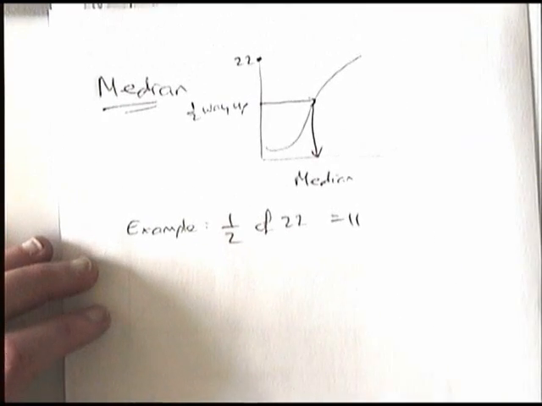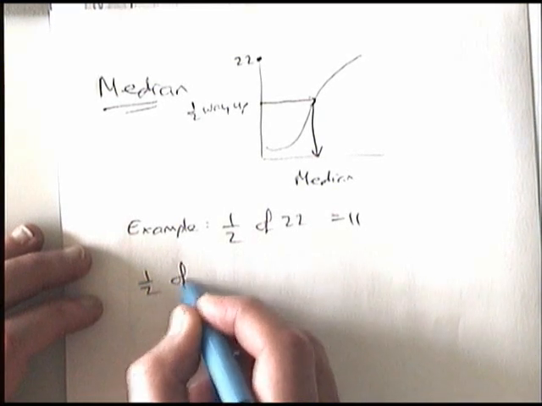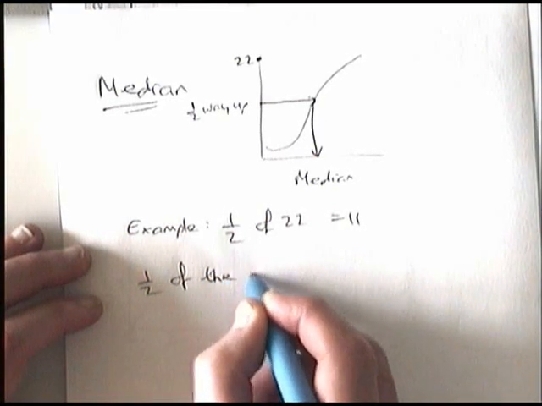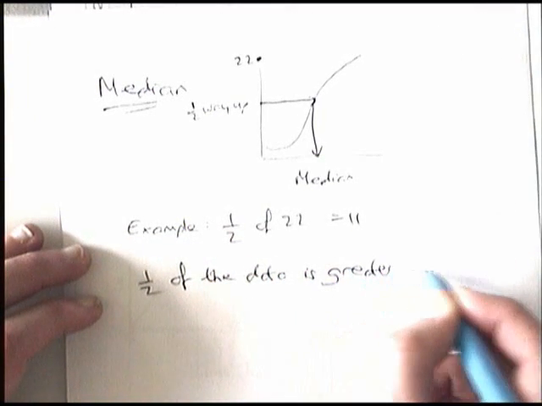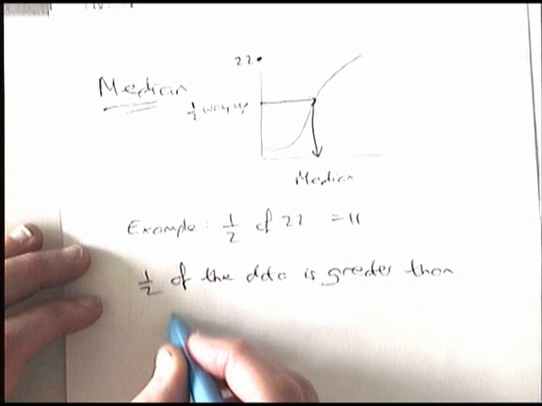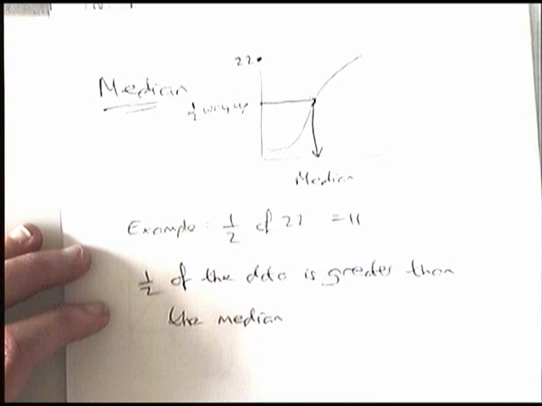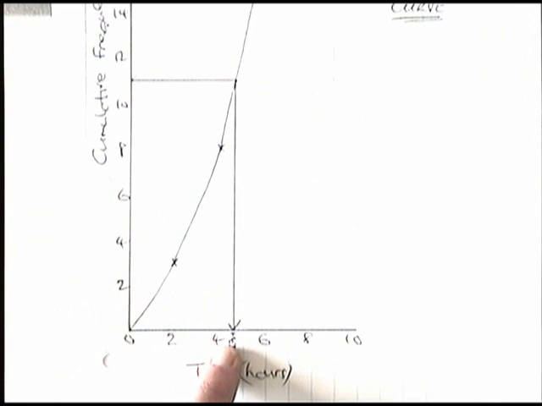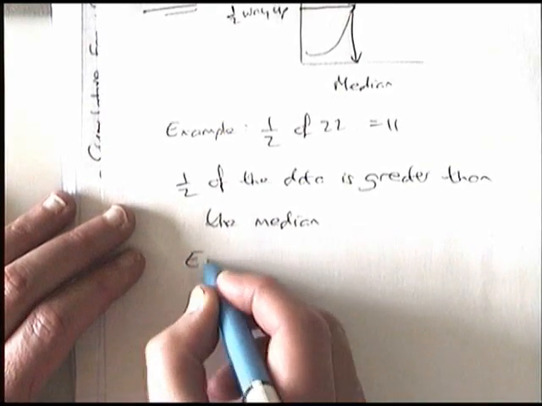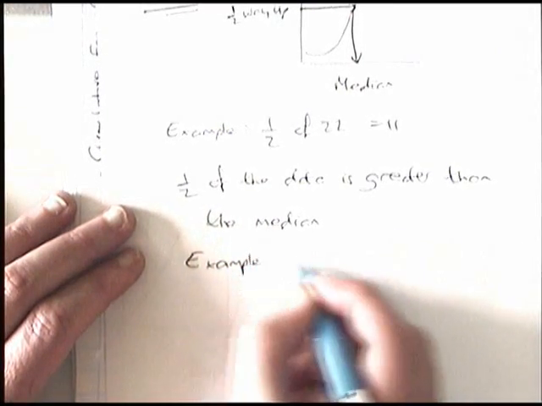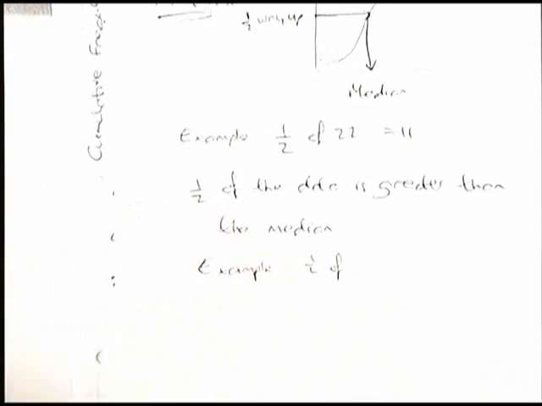Now back in your books, for the median, I want you to write down that half of the data is greater than the median. And half of the data is also smaller than the median. And our median, well, I worked mine out to be about 4.5. So in the example, that means that half of the people, if these heights are of people, whatever they are, no, it's times, isn't it?